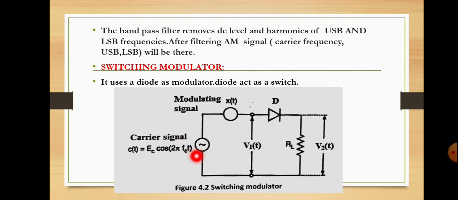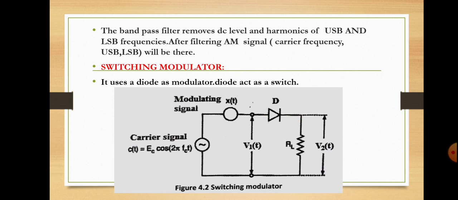And also we are taking that the carrier signal amplitude is higher compared to the modulating signal amplitude. When both these waves come to this diode, in the positive half cycle of the carrier signal, the diode will be forward biased, because positive will come to the P side of this diode. As a result, we will get the modulated signal at the output.